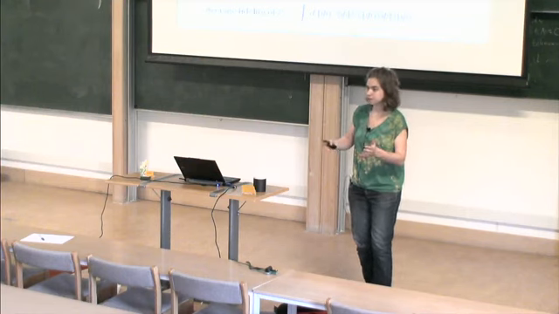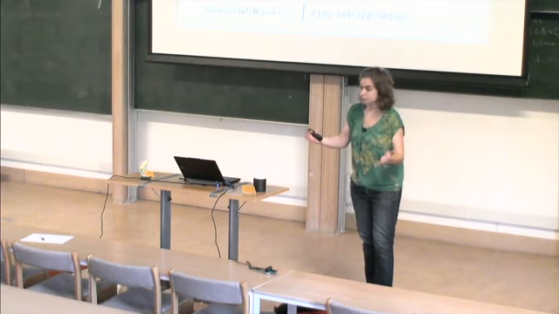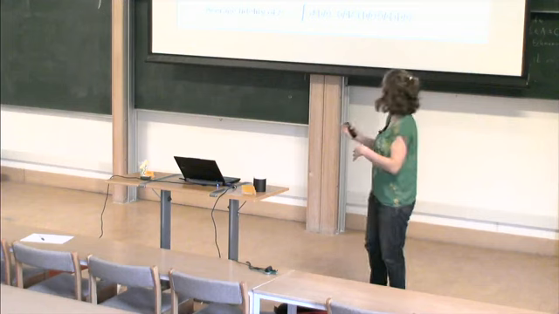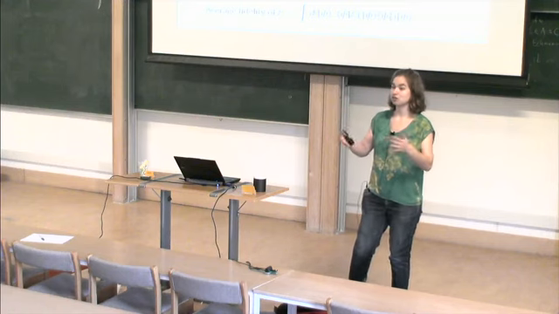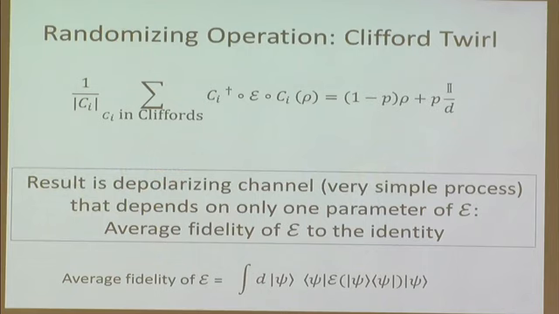But Cliffords are nice because we can simulate them classically, and because you can sample from them efficiently. So we're going to choose a Clifford at random, some random Clifford C_i, then apply our unknown process, and then apply the conjugate transpose of that Clifford. This whole thing is called a Clifford twirl of the map E.